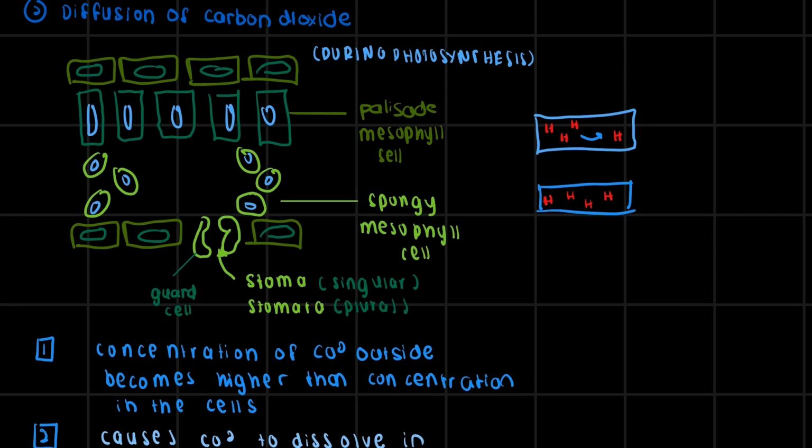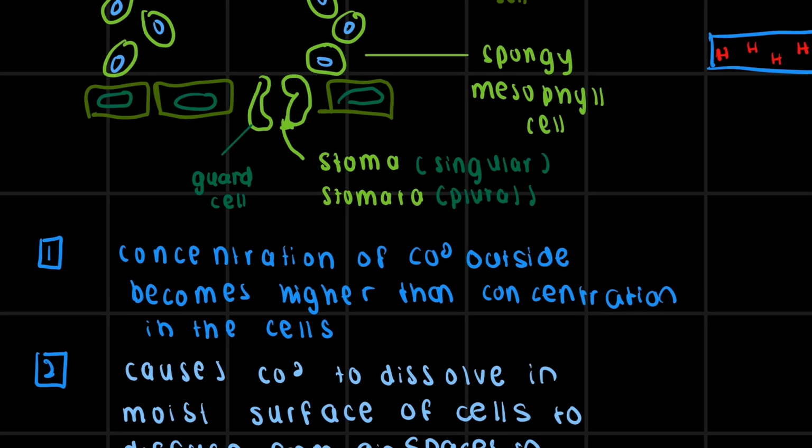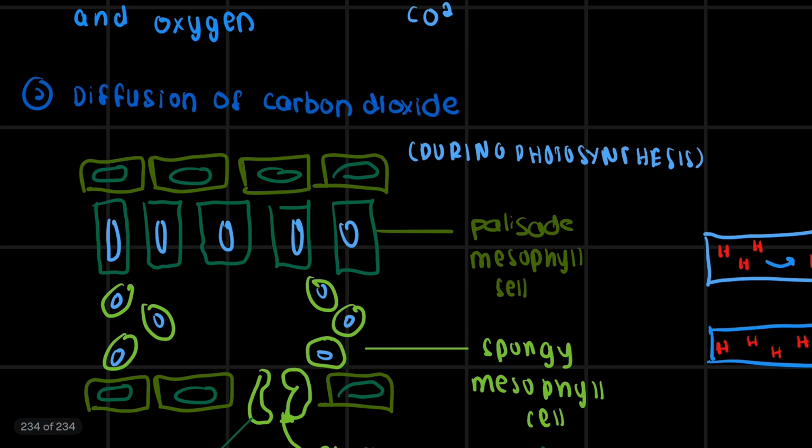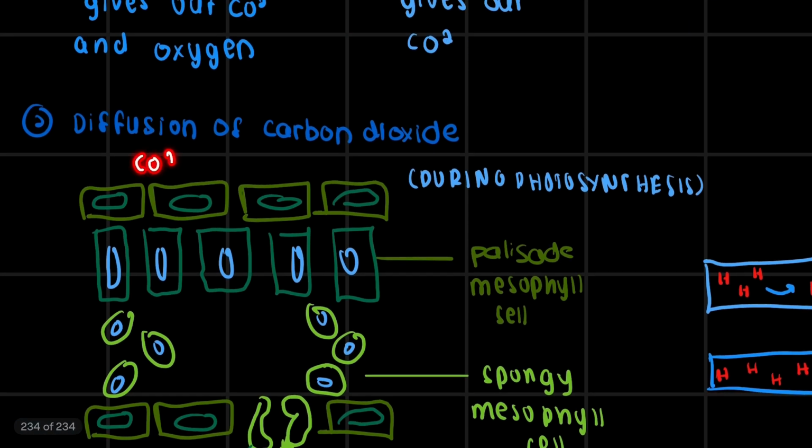Let's get right into the steps. Firstly, the concentration of carbon dioxide outside becomes higher than the concentration in the cells, meaning there's lots of carbon dioxide outside.